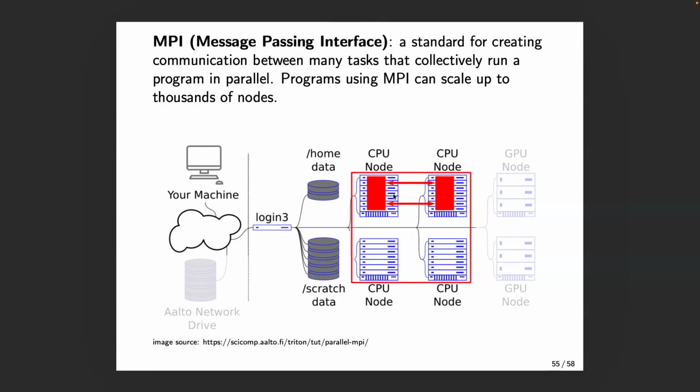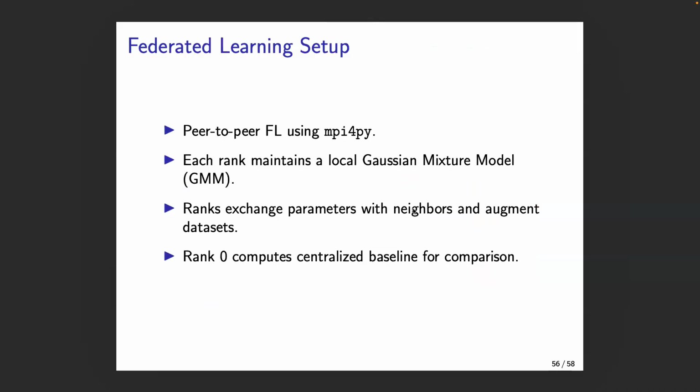Essentially, instead of running your Python code just on your computer, you can run your program on each node in parallel and also exchange messages between the nodes. This is very convenient for simulating federated learning experiments, because each node could represent a node of a graph. Then we can use message passing for exchanging the model parameters. So with MPI, we can implement centralized federated learning or peer-to-peer federated learning.